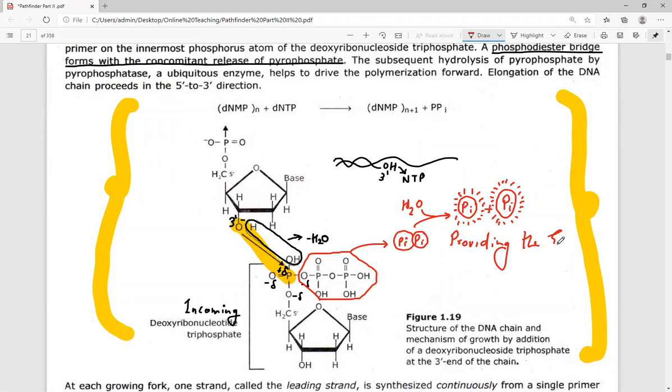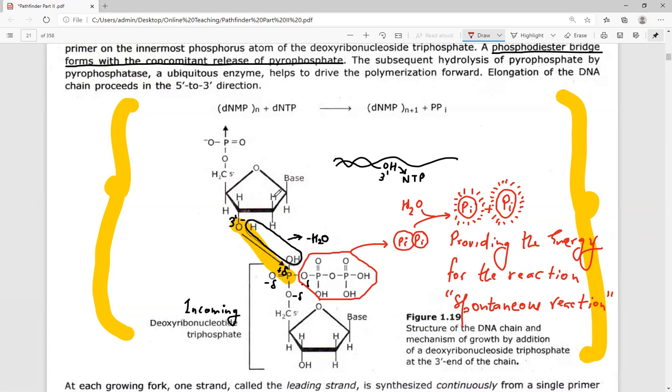Providing the energy for the reaction, transforming it into a spontaneous reaction from a non-spontaneous one, with the expense of ATP molecule.